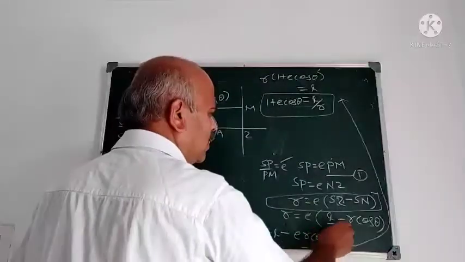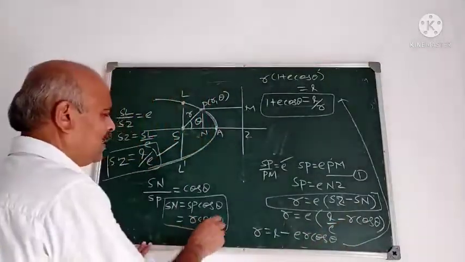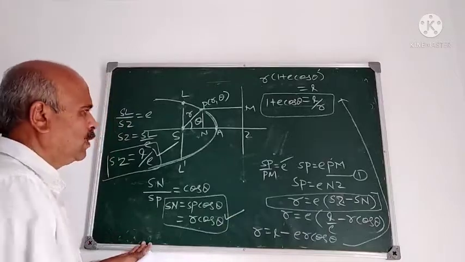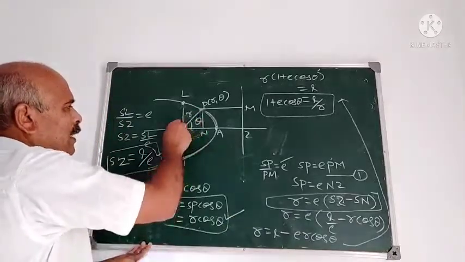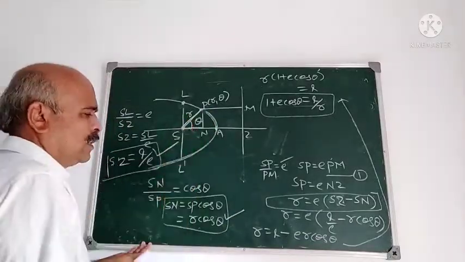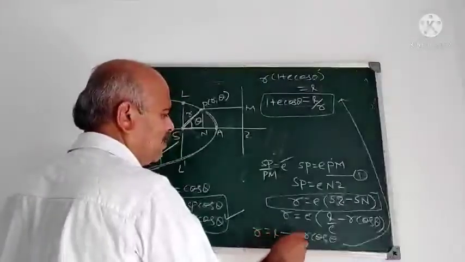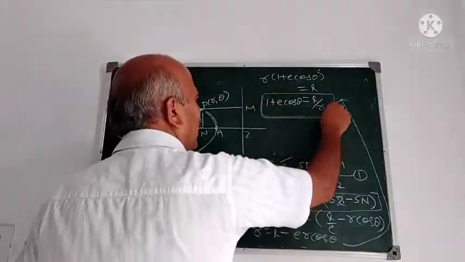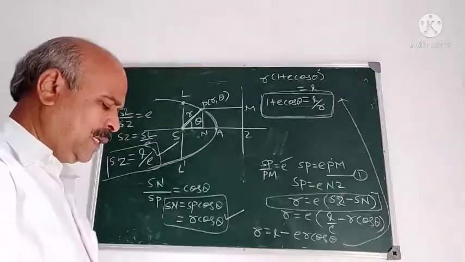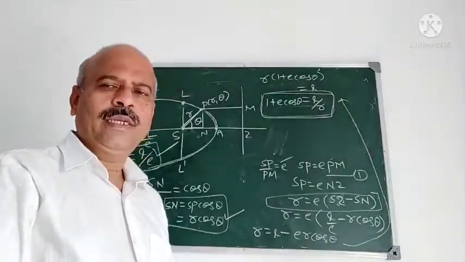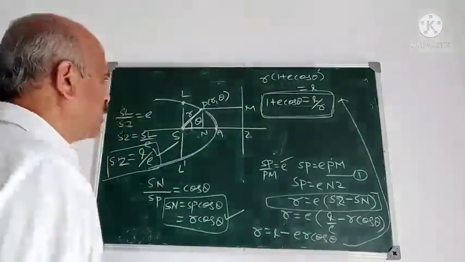And SN is R cos theta, using SN by SP is cos theta. So we have R is L minus E R cos theta, or L by R is 1 plus E cos theta. This is the equation of the conic section.